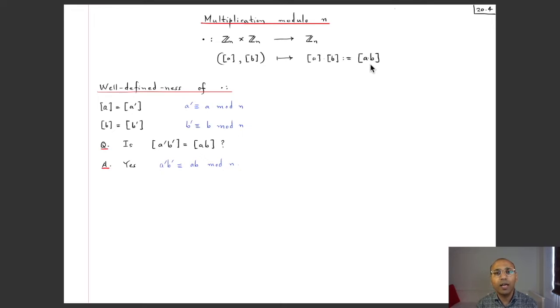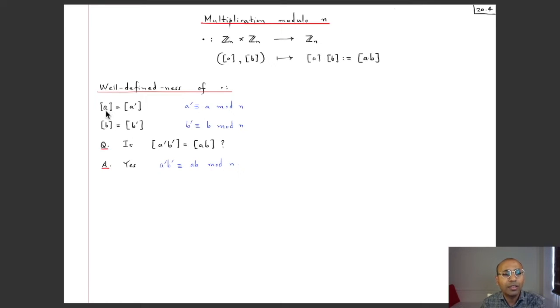So we have to check well-definedness of this multiplication, in the sense that if I take some other member from here and some other member from here and use them instead, then the equivalence class that I get at the end of the day is the same. So let us suppose that A is related to A prime, so that their equivalence classes are the same. Okay, so I have A and A prime belonging to the same equivalence class, and B and B prime belonging to the same equivalence class.